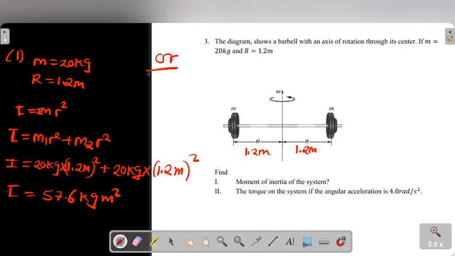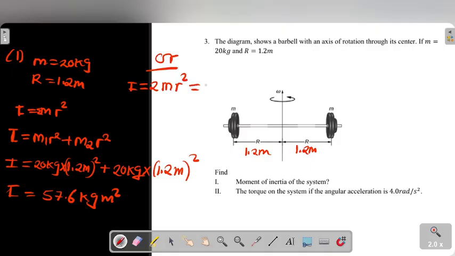Or you can also say the moment of inertia is equal to, since we have our left side and also our right-hand side, we can just multiply our answer by 2 since we have two of these. So we have 2 times m r squared.